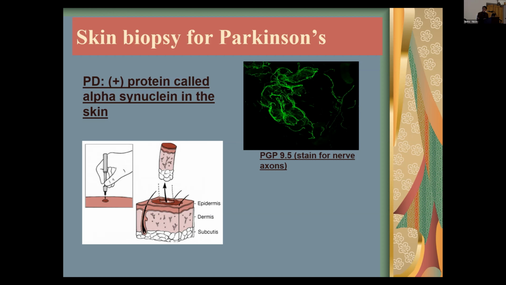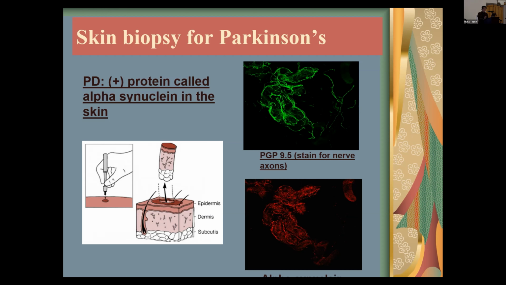And then the pathologist will use a stain called PGP 9.5, which stands for nerve axons. So whatever we see green here are the axons of the nerves from the biopsy. And then next, the pathologist will stain it for alpha-synuclein, and the alpha-synuclein appears red.